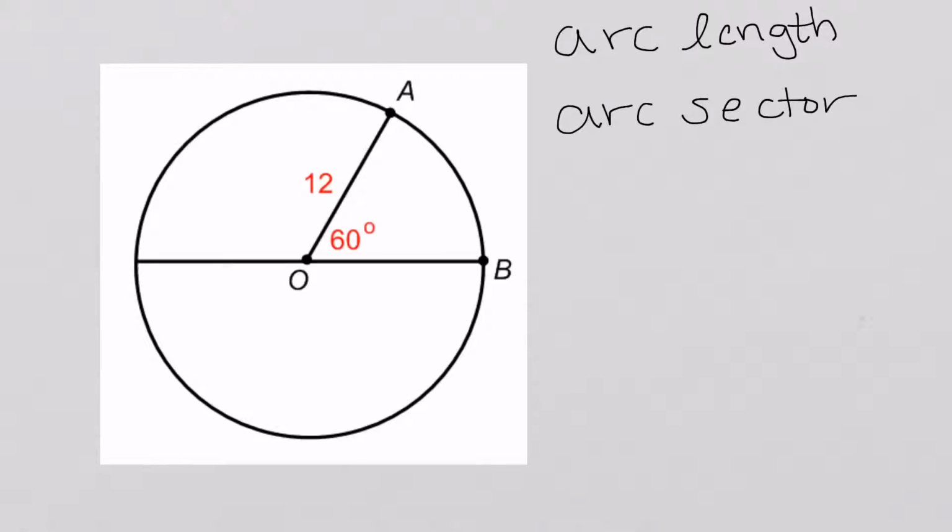So if we have an arc between A and B, this is the arc length, how long this is. The arc sector is the area inside of that arc, which is contained by it.